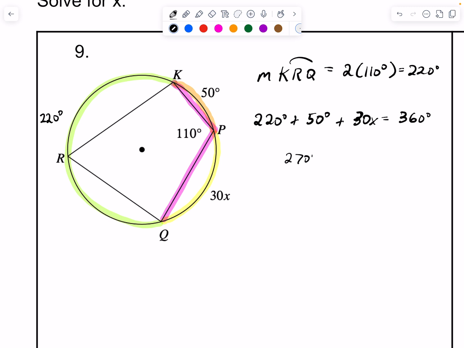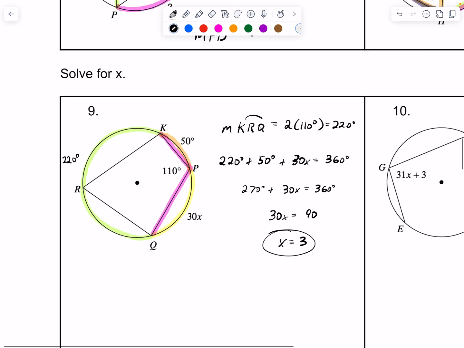So 270 plus 30x equals 360. Subtract the 270 over, and you get 90. So x equals 3. In this case, they just want me to solve for x.